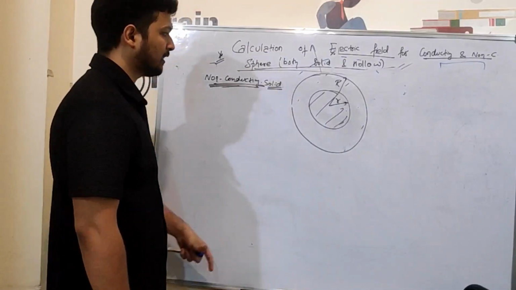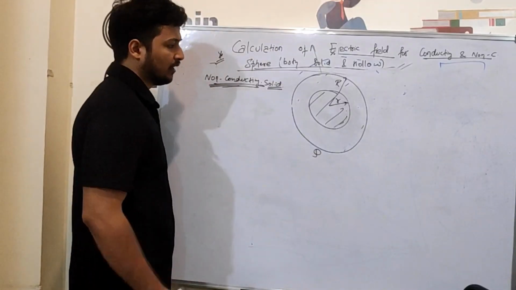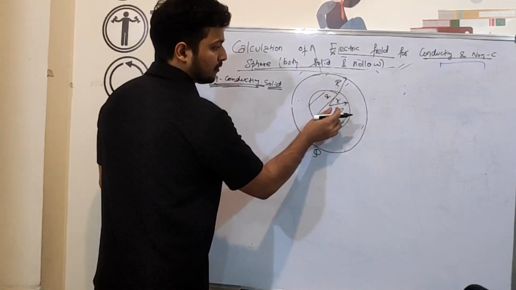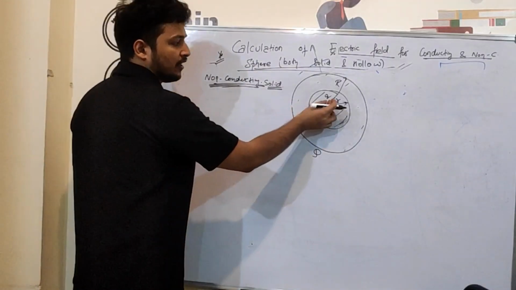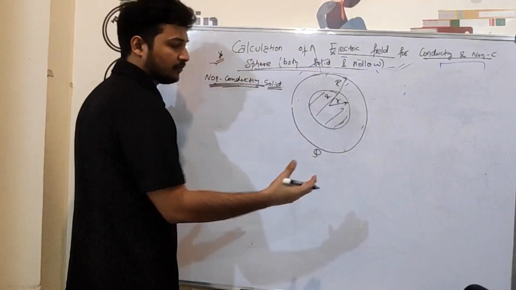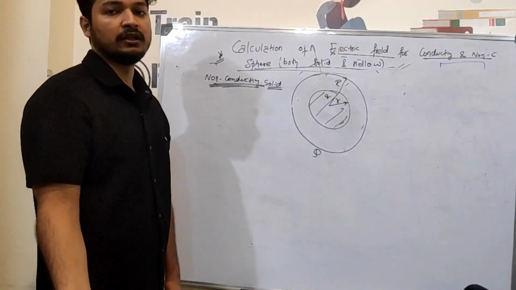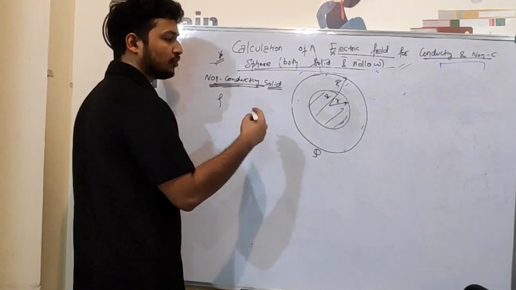What I am saying is that if the whole sphere has a charge Q, and this small sphere, of small radius r, has a small charge q, then since the whole sphere is symmetric or has uniformly distributed charge, the value of charge density is not going to change.